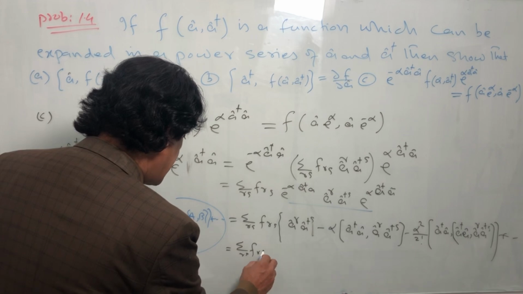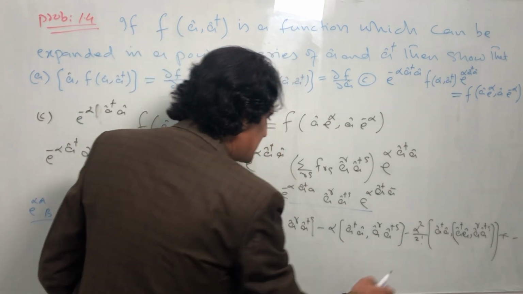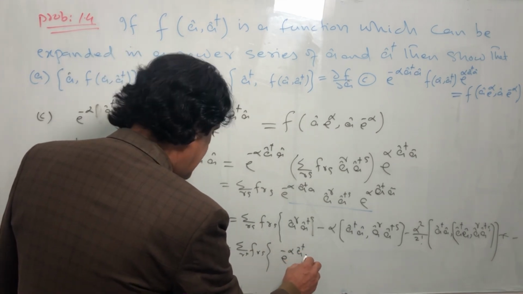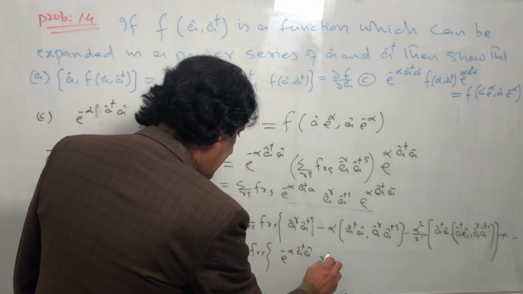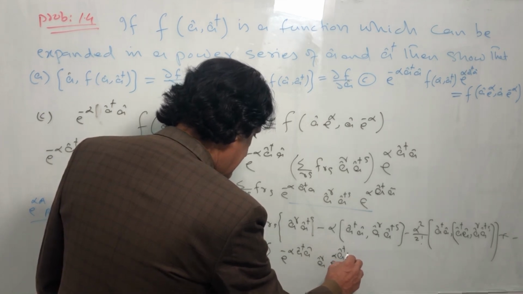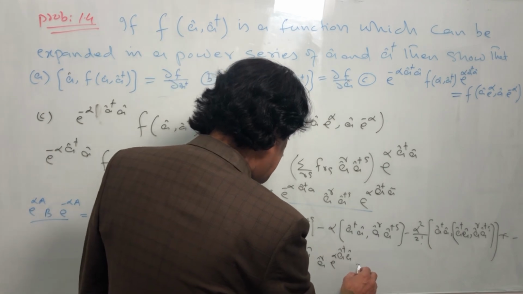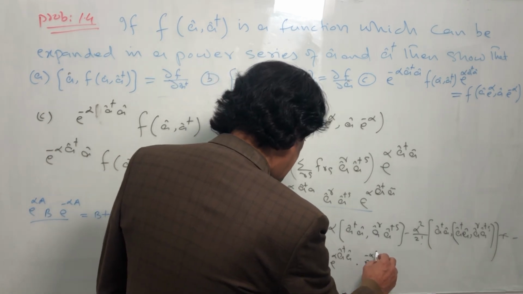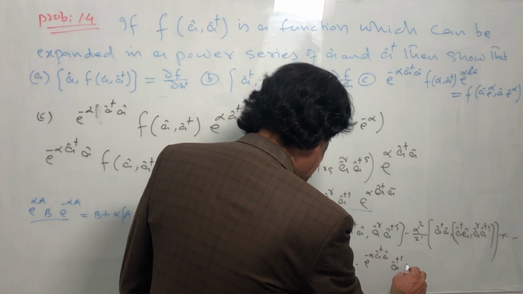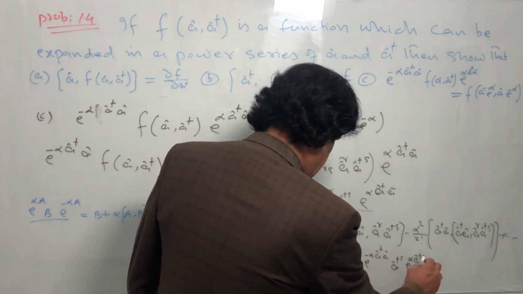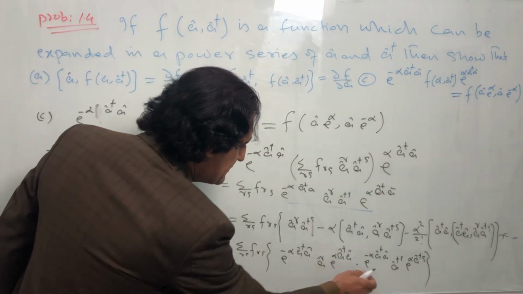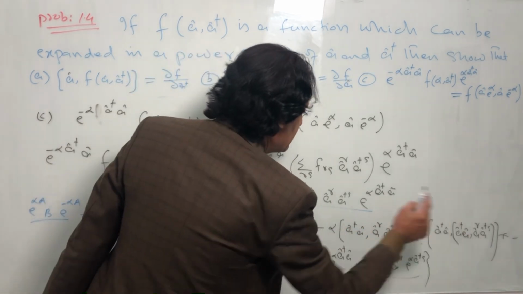And this expression can be obtained by considering e to the power minus alpha a dagger a, a to the r, e to the power alpha a dagger a, and multiplication with e to the power minus alpha a dagger a, a dagger to the s, e to the power alpha a dagger a. So if we multiply these two terms, we can get this term.